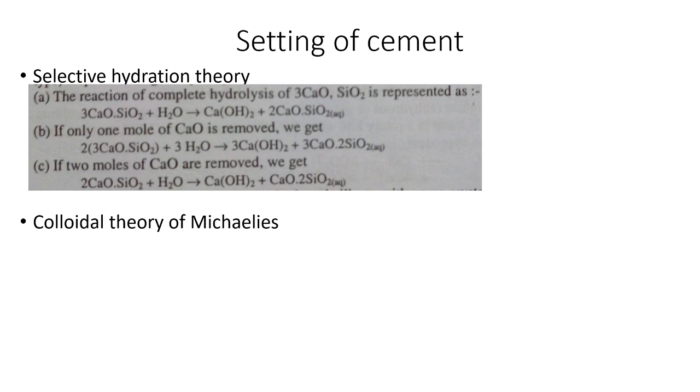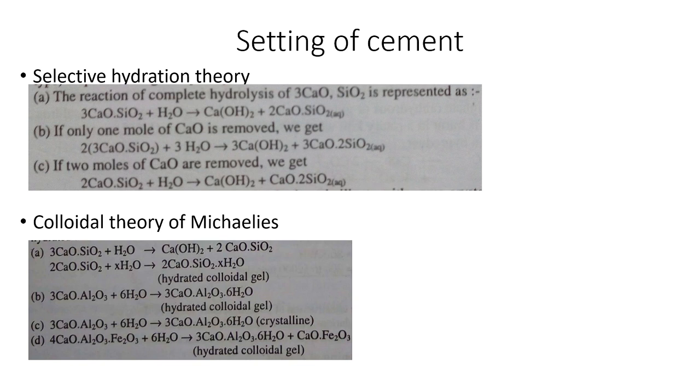So the reactions taking place are like this. Here you can see the crystals of calcium hydroxide are formed, and the water-hydrated colloidal gel is formed, and that water is not allowed to go outside, that is, it becomes impermeable, and later on this gel is responsible for hardening of the cement.